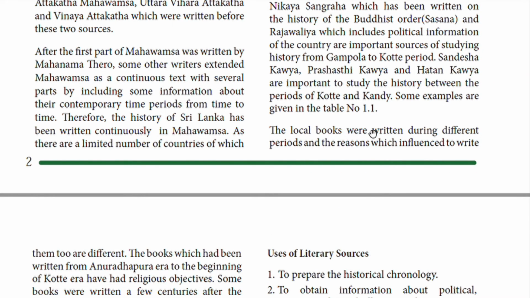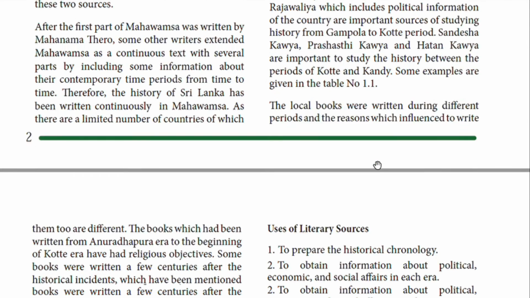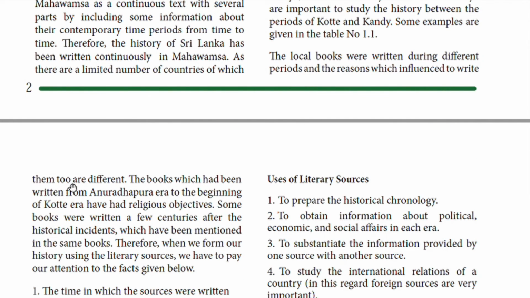The local books were written during different periods, and the reasons which influenced them to be written are different. The books which had been written from the Anuradhapura era to the beginning of the Kotte era have had religious objectives. Especially, we all know about that.